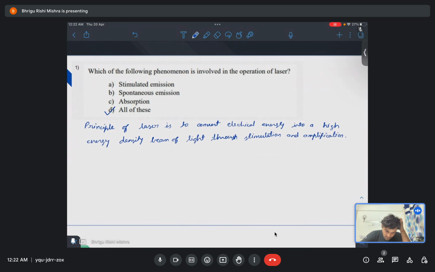Okay, so all these processes are involved: absorption, spontaneous emission, and stimulated emission.